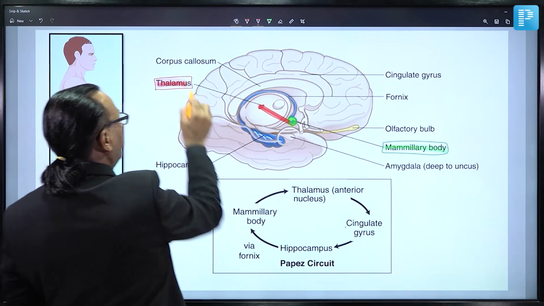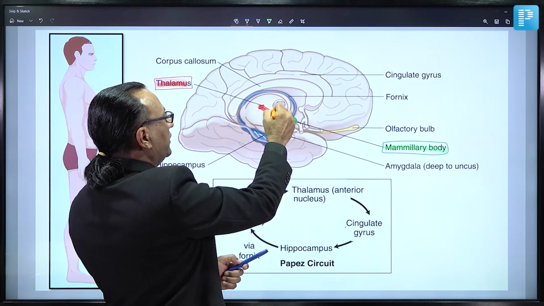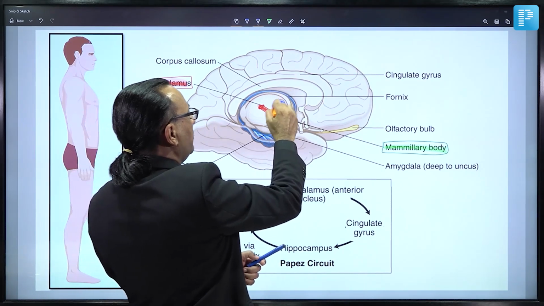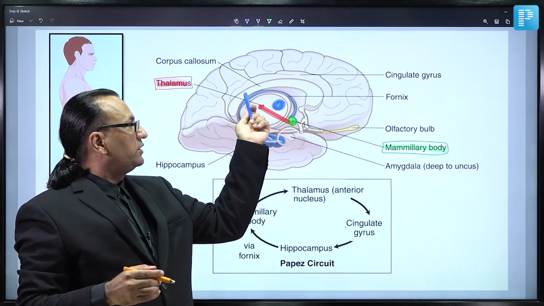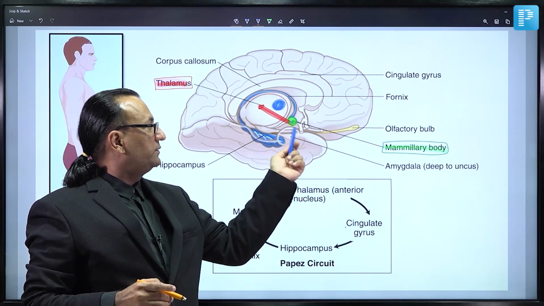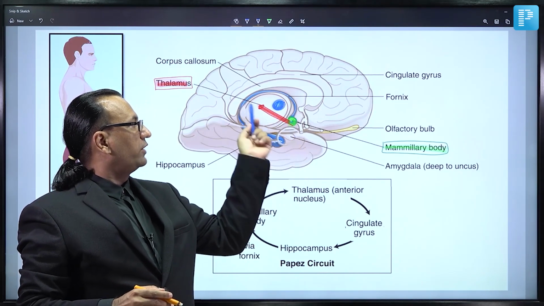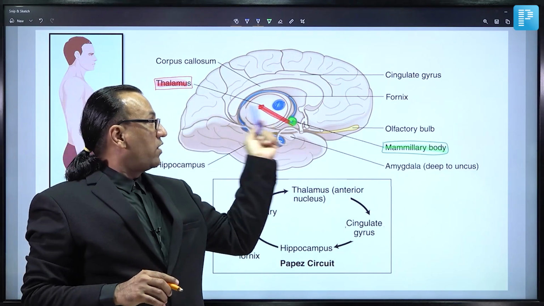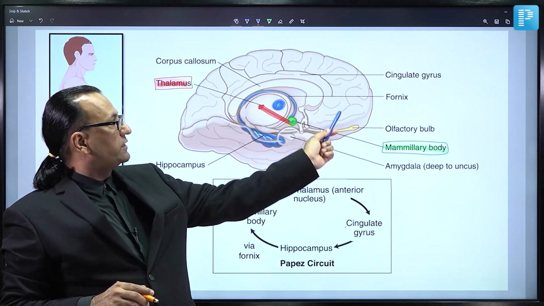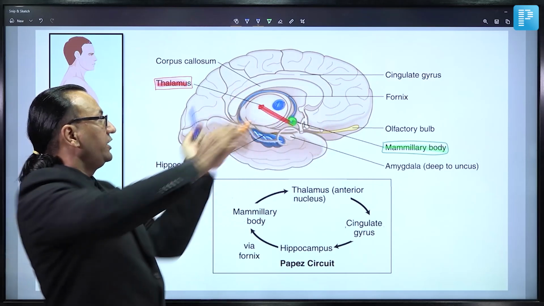Thalamus was identified by the fact that it will be having one interthalamic adhesion, which is connecting one-sided thalamus with the other-sided thalamus. So this is the thalamus region. Below that is the hypothalamus region, and they're communicating by the mammillothalamic tract. Anterior nucleus of thalamus was our answer. Then what about this cingulate gyrus, which is above the corpus callosum here?